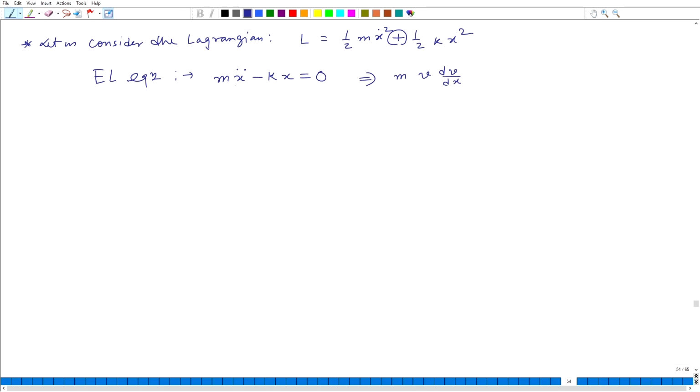And if that is the case, then you can once again write m v dv dx, because in 1D d2x dt2 is nothing but v dv dx, equal to kx.